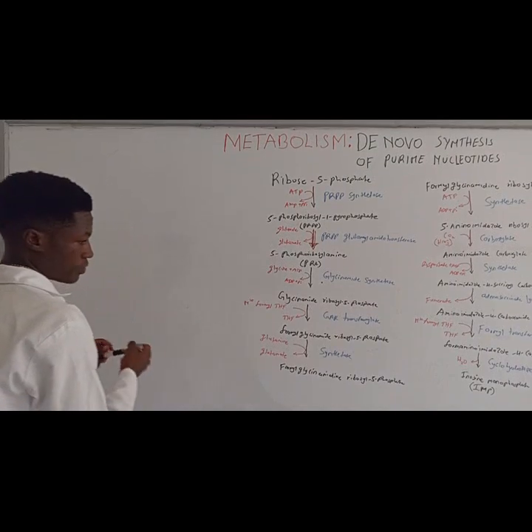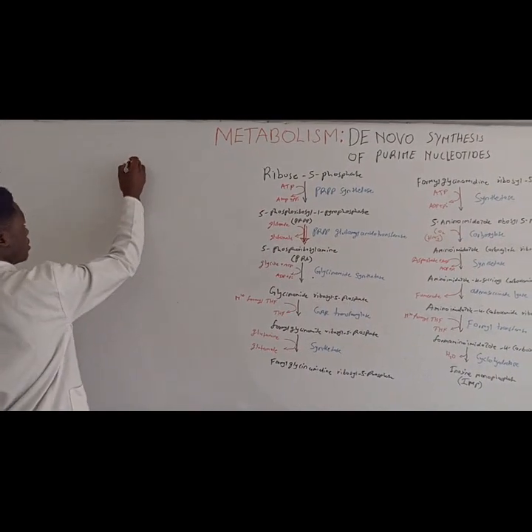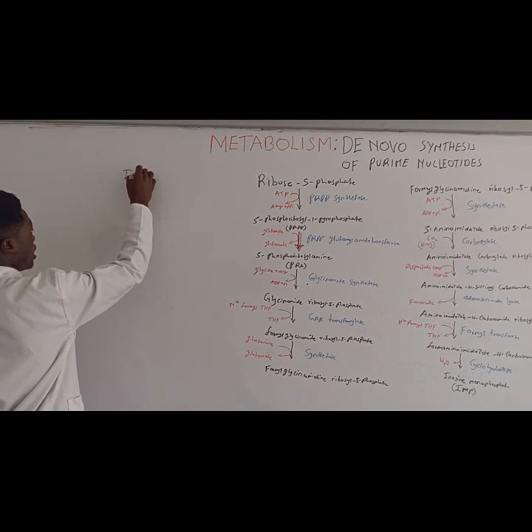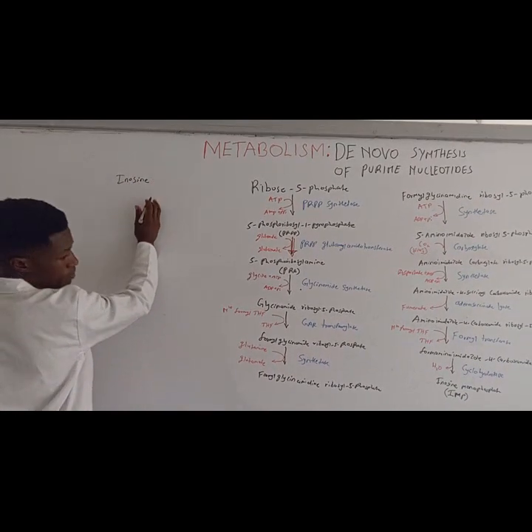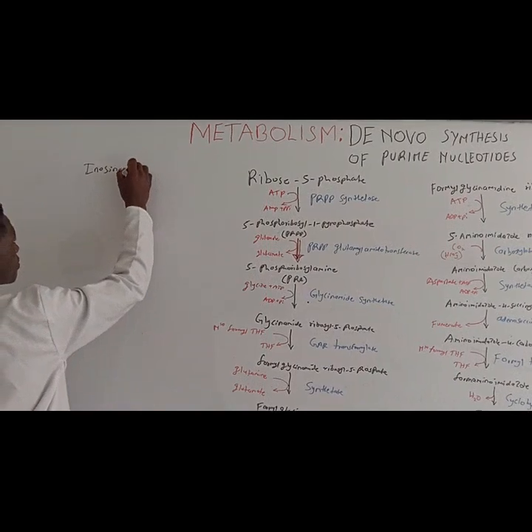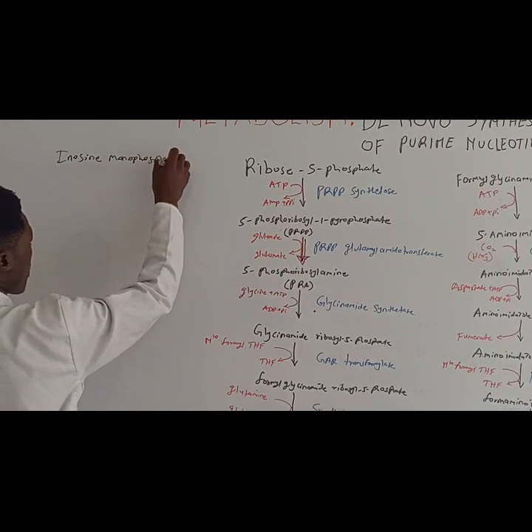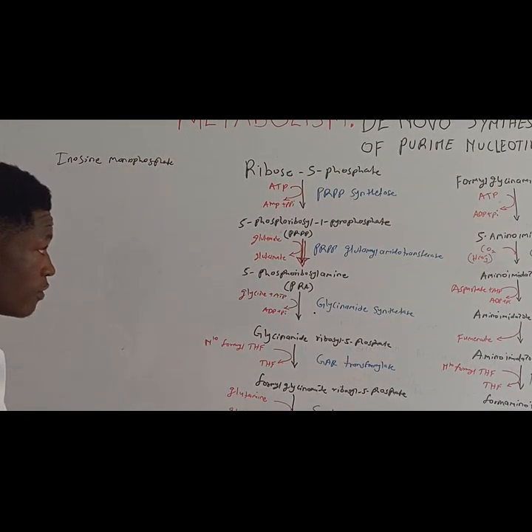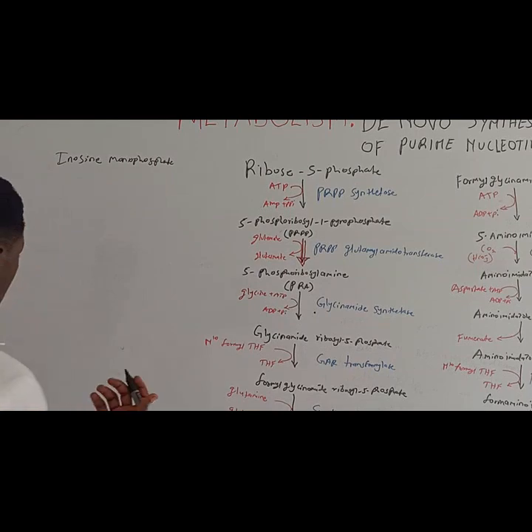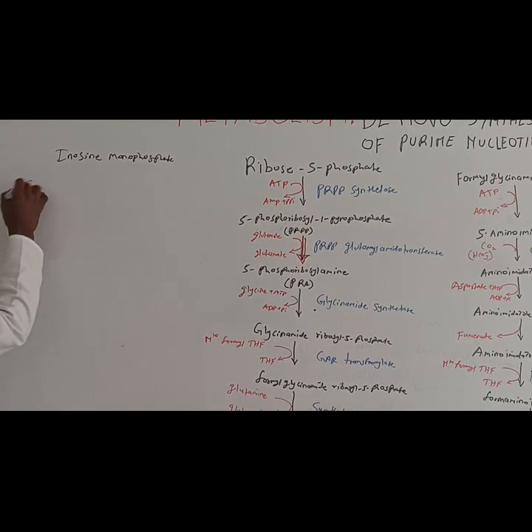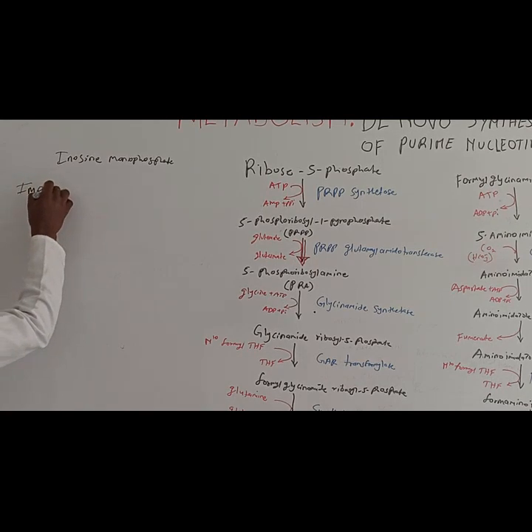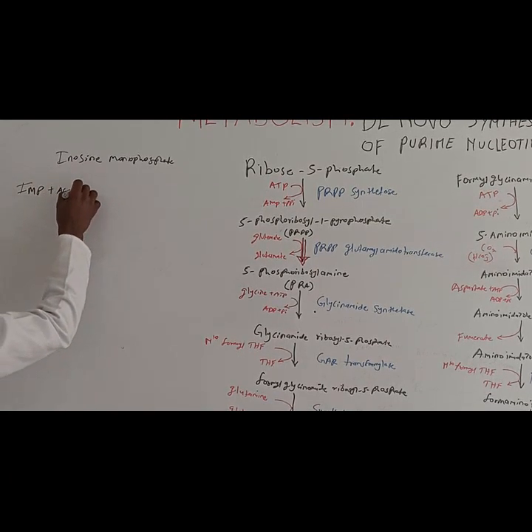Now, when you have inosine monophosphate, we can take this inosine monophosphate and react it with a new molecule called aspartate. So we take IMP, react it with aspartate.